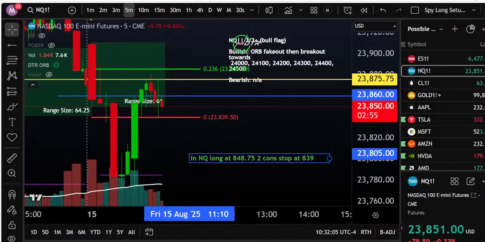Oh my god. Come on. I think I've kind of self-sabotaged myself a little bit on this trade.